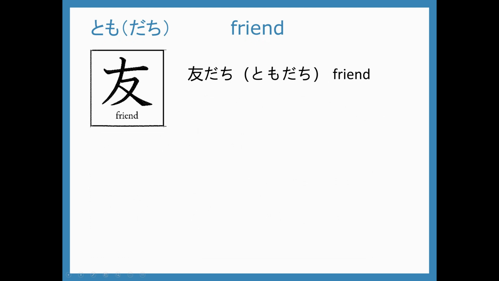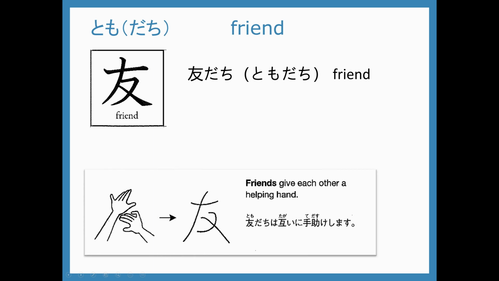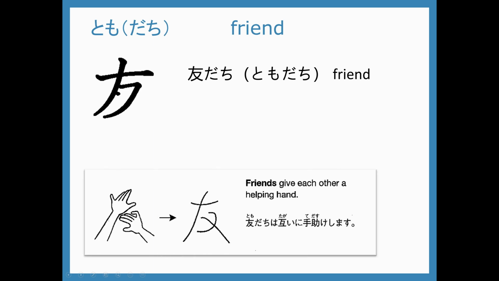Lastly, we have one more kanji. This is the tomo in tomodachi. Tomodachi. So the first part is kind of like back when we learned hidari and migi, but this bottom part is different. So let's take a look. We write with 1, 2, 3, 4.